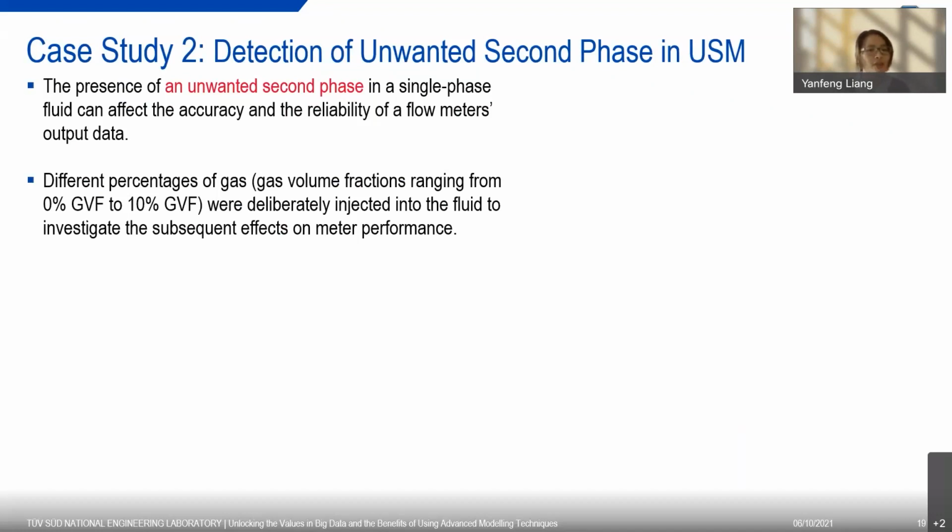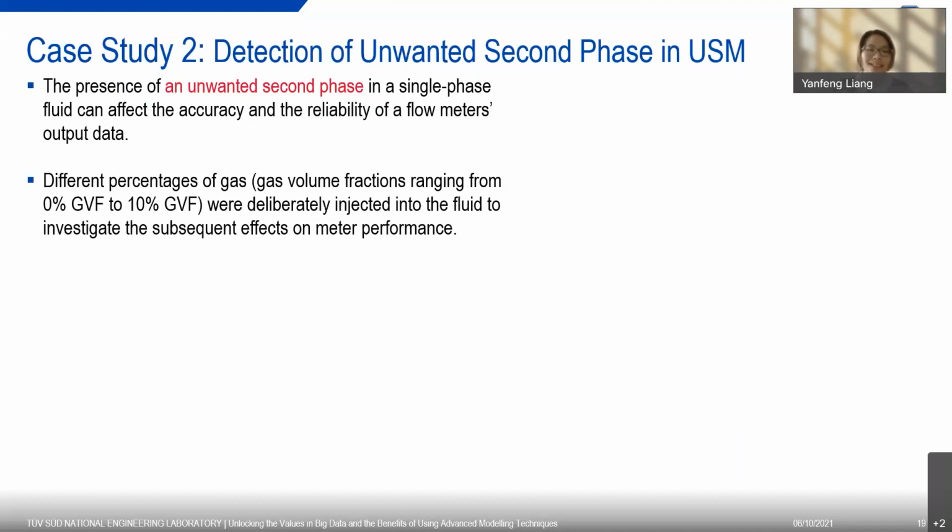So we have gas volume fraction ranging from 0% GVF to 10% GVF. Similar to before, because we know under which condition our data is collected, we have label data, and because of that, we can build a supervised machine learning model. So the model was built through learning all the subtle changes when we changed the percent of GVF from 0% to 10%.